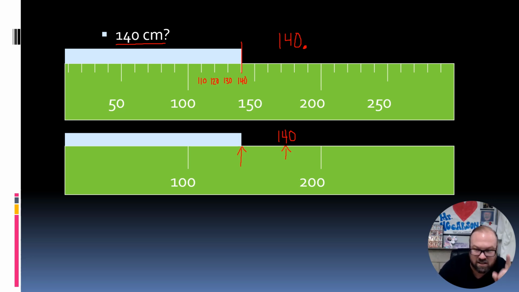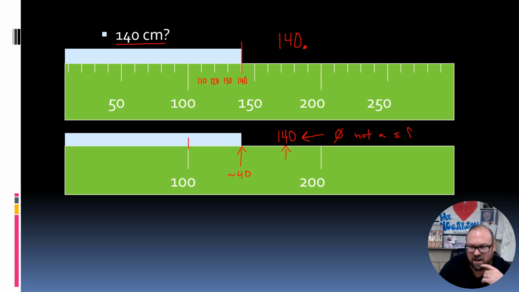The only digit we know for certain is the 1, because it's absolutely guaranteed that we cross the 100 mark, right? That 1 is in the 100 spot. Now, the 4 is our estimated digit because we think it's about 40. The problem is this 0 on this ruler is not significant. So the 0 here is not a sig fig.